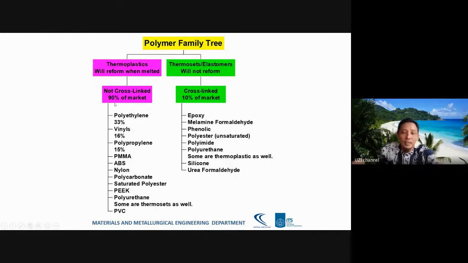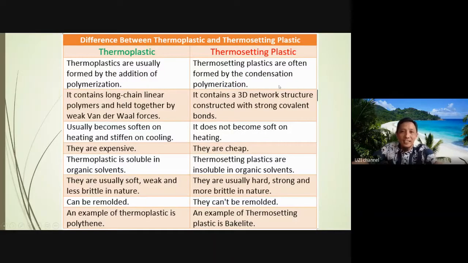In the market, 90% is not cross-linked and belongs to thermoplastic polymer, and 10% is cross-linked polymer, for example, epoxy, melamine, phenolic, and so on.